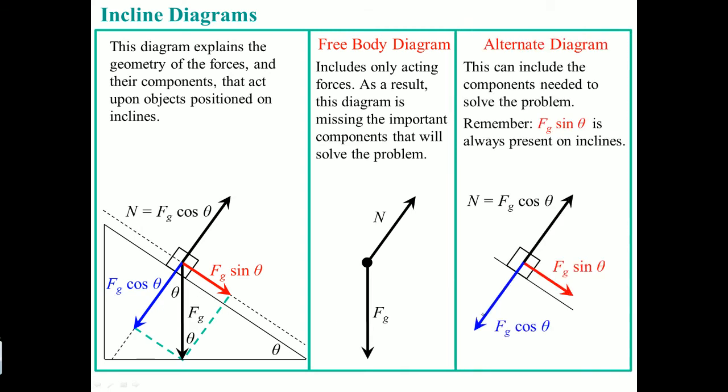The alternate design looks like this, where Fg sine theta is what's pushing it down, Fg cosine theta is pushing it into the surface, and the normal force equals Fg cosine theta. You need to be able to draw the free body diagram on the AP exam, but you also have to understand the alternate design to solve the problem.